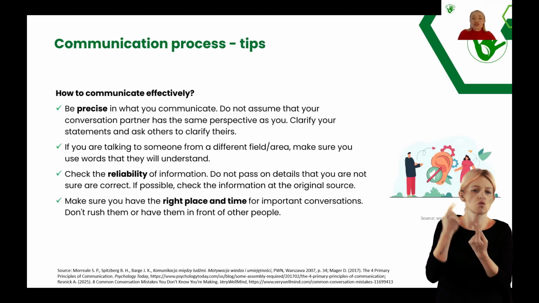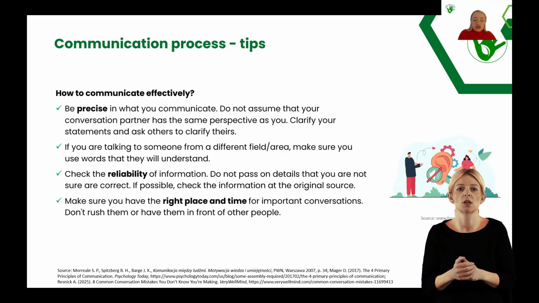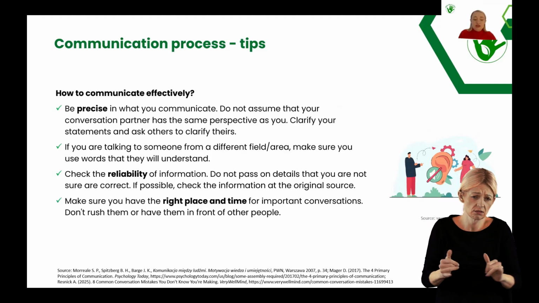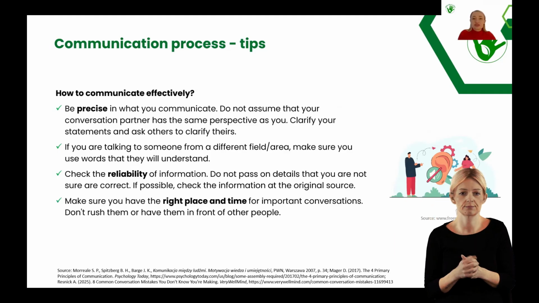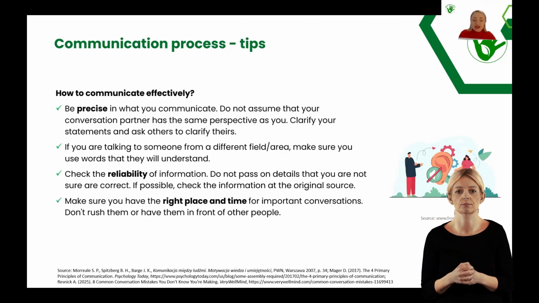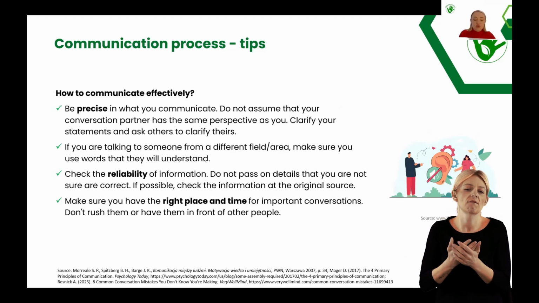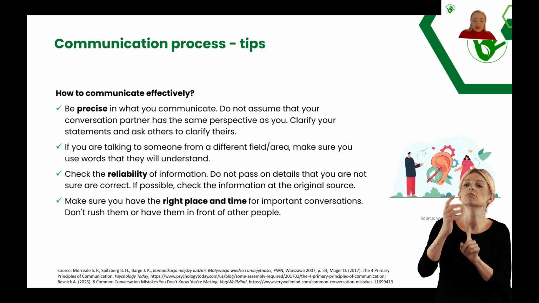Often, our conversation partner has a different perspective, different experiences, different associations with what we communicate. So they may not understand us exactly. They may misinterpret the message. So it is worth expressing ourselves clearly so that there is no doubt about what we mean.